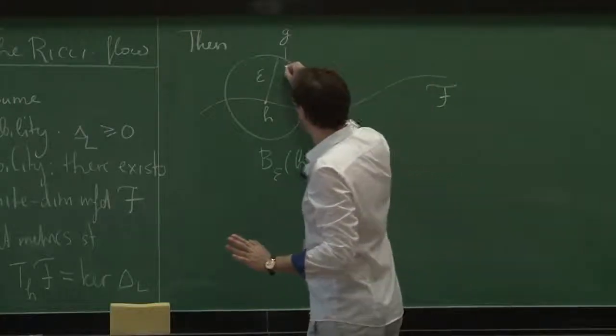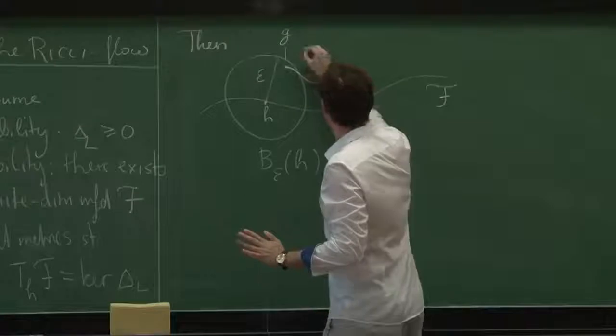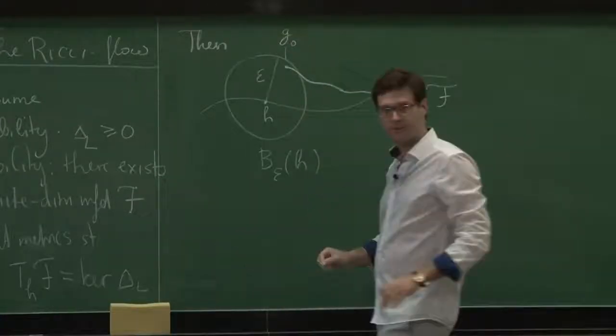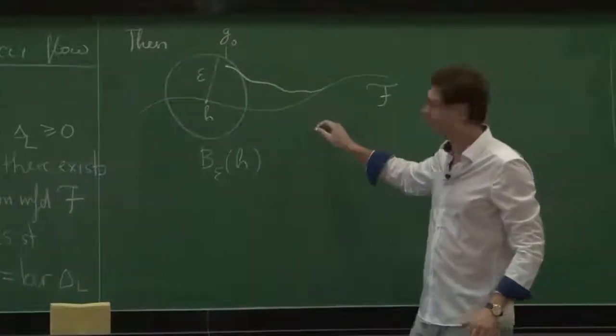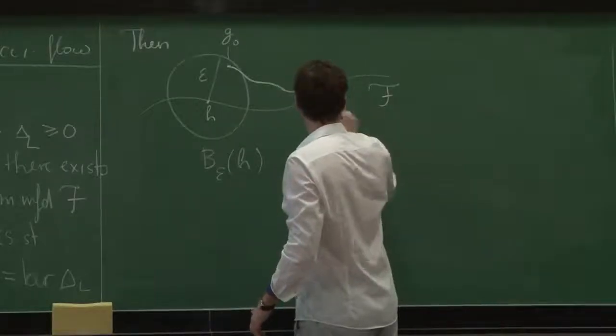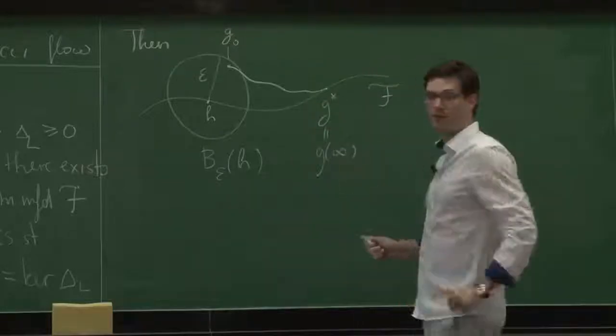And I can now study the Ricci flow from that metric here, say G0. And the thing is, this Ricci flow will get down to the space of Ricci flat metrics. So you will get something here, which is then G star, G at time infinity, which is now Ricci flat.